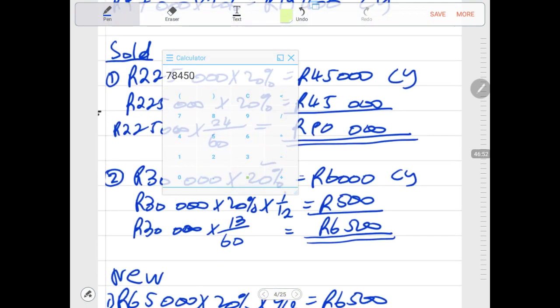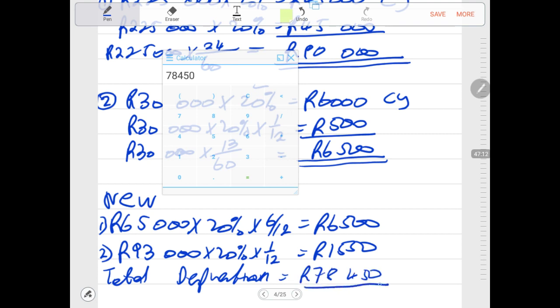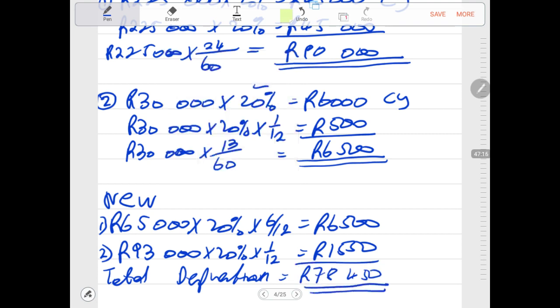We get to our total depreciation now. Our total depreciation is an amount of 78,450. And there's something that I forgot here, to be honest.